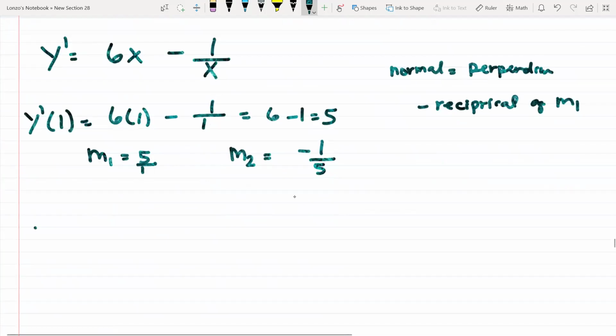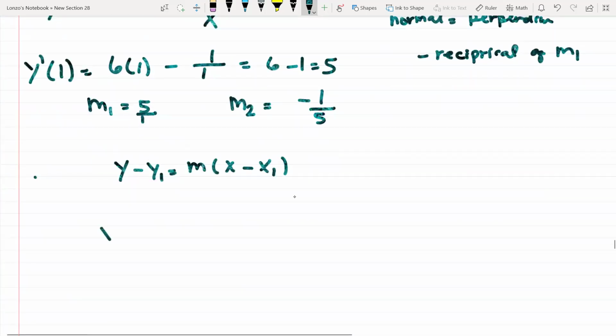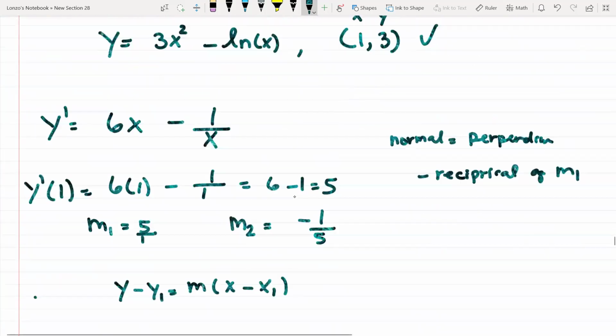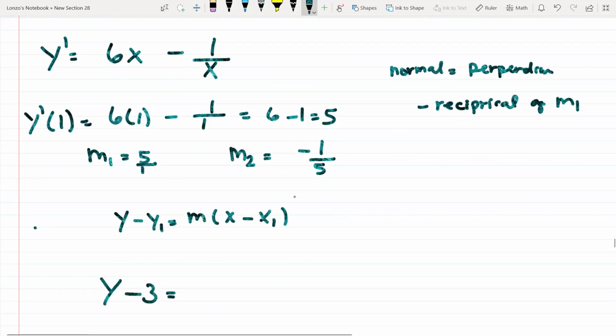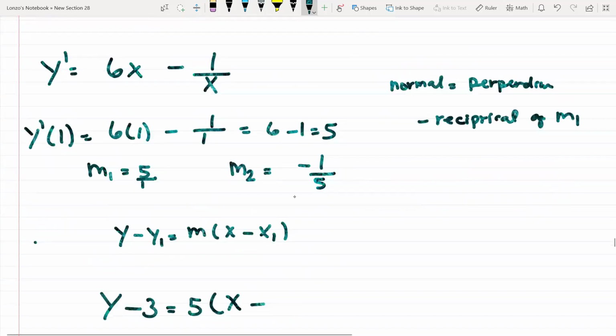Okay, so let's finish with the tangent. Put it in point-slope form: y minus y1 equals m times x minus x1. My y1 is 3, my slope is 5, and x1 is 1.